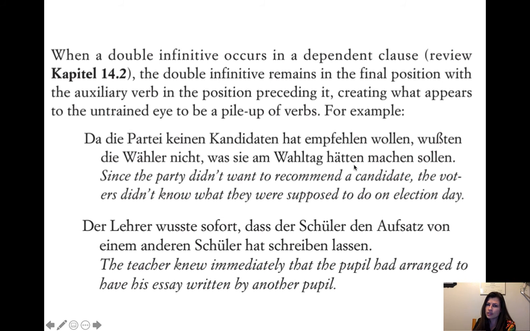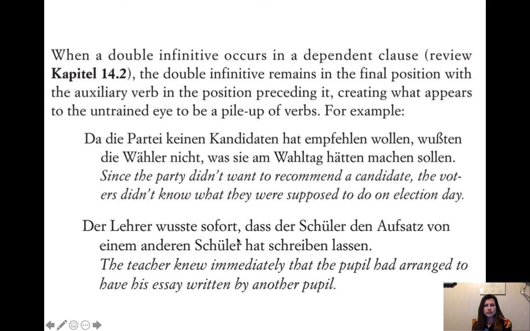It's the same as conditional hypothetical. So it's a slightly different version of hat, hätte, but the word order principle is still there. So we still have our version of haben, conjugated, and then our double infinitive. The main infinitive, to do, and then the modal verb infinitive last.